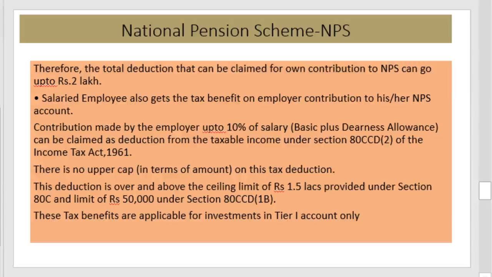There is no upper cap in terms of the amount on this tax deduction, and this deduction is over and above the ceiling of 1.5 lakhs provided under Section 80C and 50,000 of 80CCD(1B). That is the contribution by the employer. These tax benefits are applicable for the investment in Tier 1 account only.